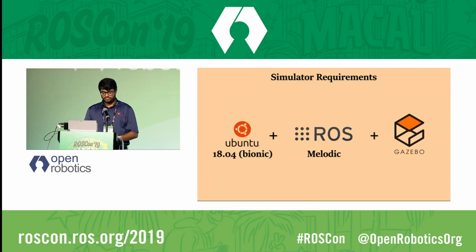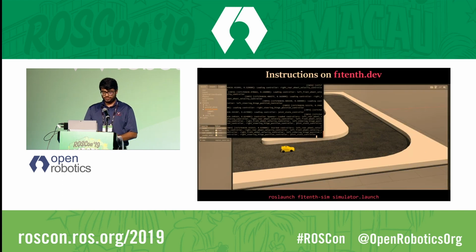The F110 simulator is based around ROS Melodic at its core, and it requires Ubuntu 18 and Gazebo 9 to work on your local machine. Instructions on how to install the simulator and tutorials to help you get started with F110 racing are made available on f110.dev. In this video, I am running a keyboard teleop session.